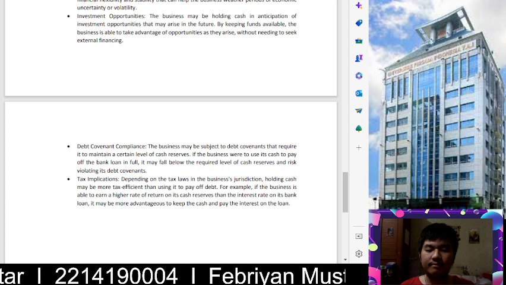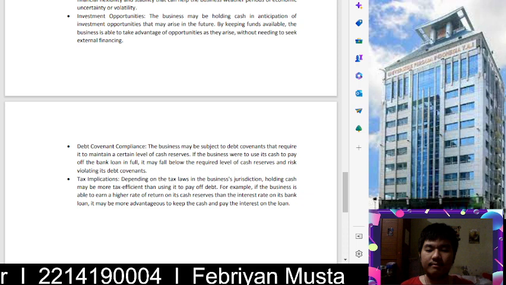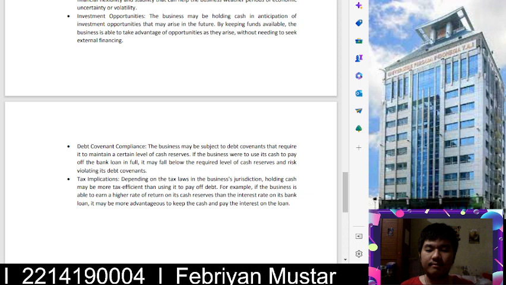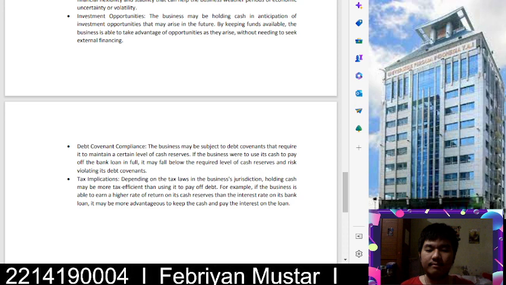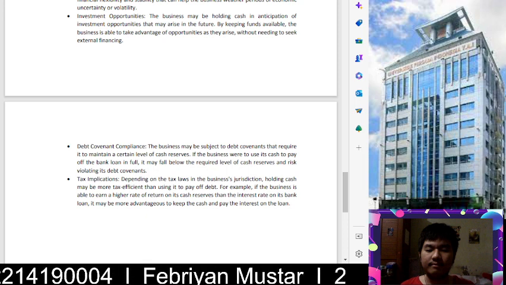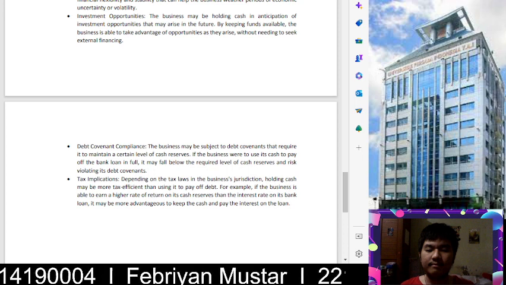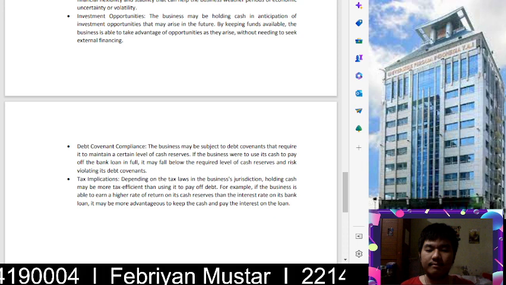For example, if the business is able to earn a higher rate of return on its cash reserve than the interest rate on its bank loan, it may be more advantageous to keep the cash and pay the interest on the bank loan.